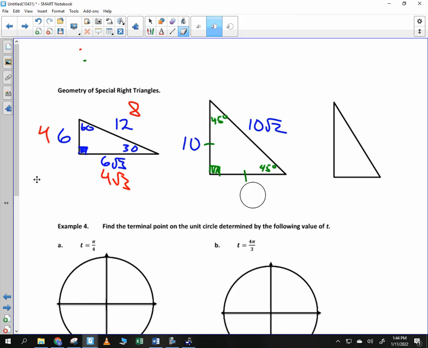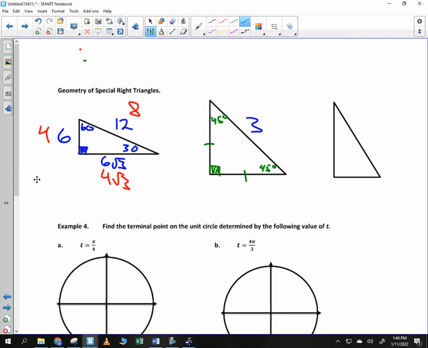What if we switch it up a little bit more? What if I say this side up there is 3? Then what's this side? 9. So in order to go from this side to this side, you multiply by the square root of 2, right?